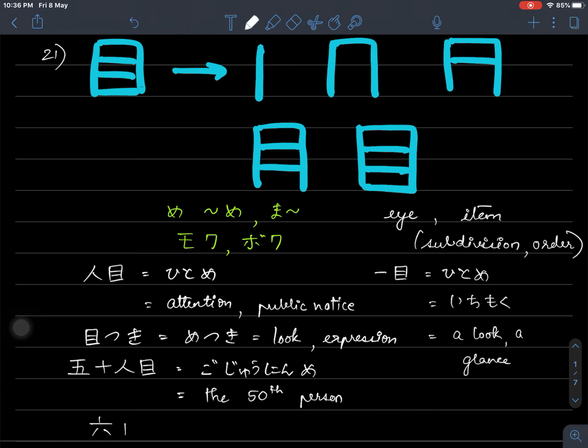It works with pretty much anything. Here, if you remember, we will read the first part as muika and the second part is me. So this is the 6th day. The 6th day. Okay, pretty straightforward, nothing too confusing.